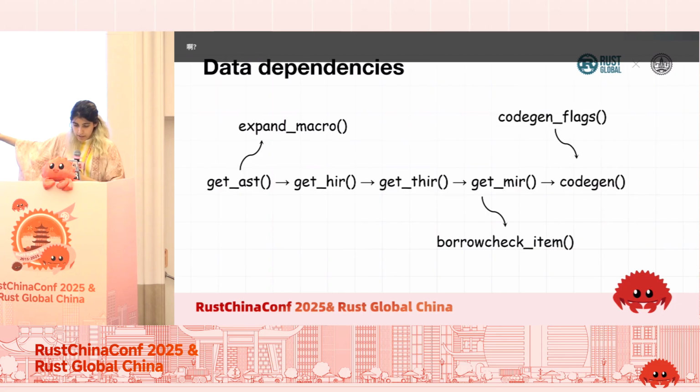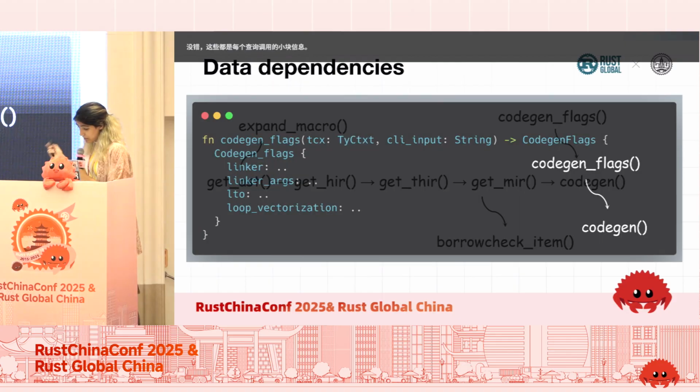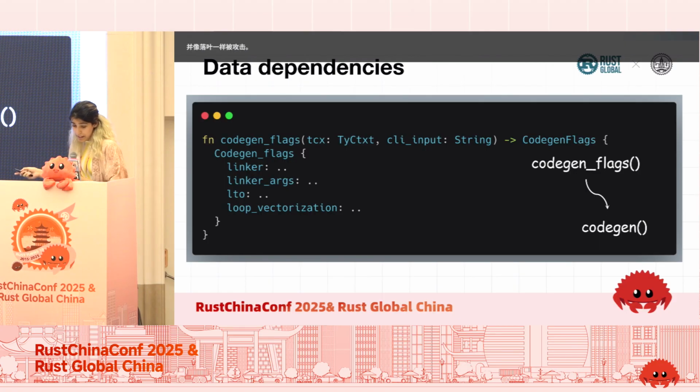They are little bits of information that each query calls and that act like leaves in the dependency graph. Talking about the emitting binary scenario, a data dependency could be things like linking arguments, LTO, or how the symbol mangling should be performed. This allows us to move the change in the try-mark-green algorithm from the earlier stage to the necessary one.